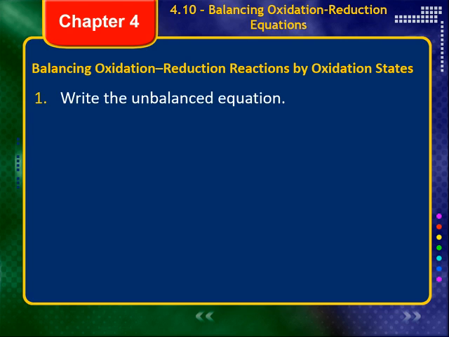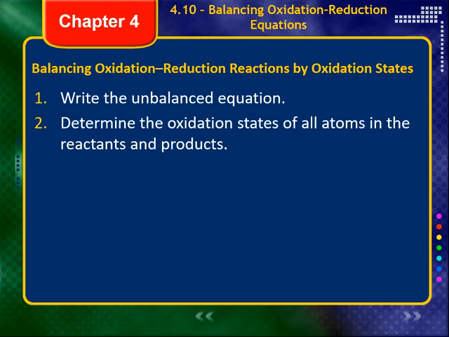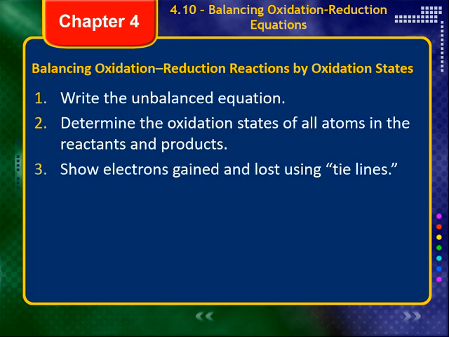Write the unbalanced equation, then determine the oxidation states of all atoms in the reactants and the products, and then show electrons gained or lost using what we call tie lines, meaning draw a line between two versions of an element, one on the reactant side, one on the product side, in which the oxidation states are changing.